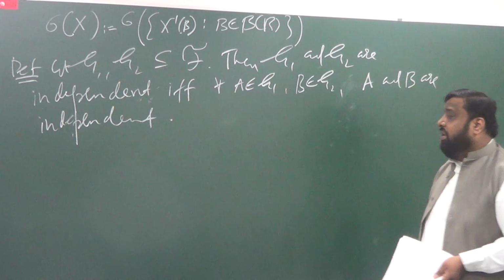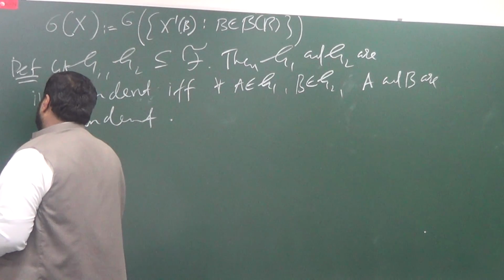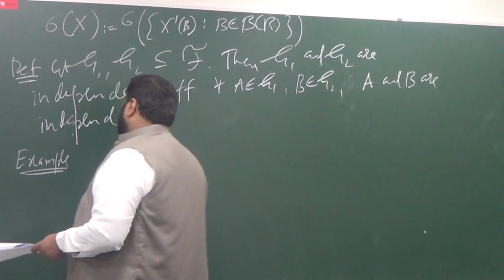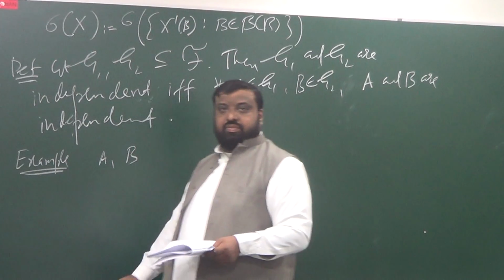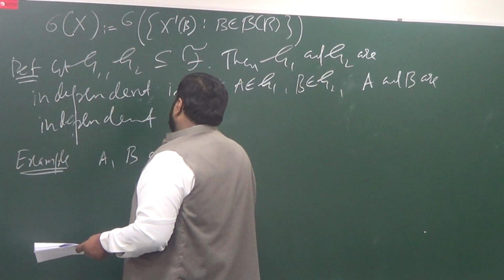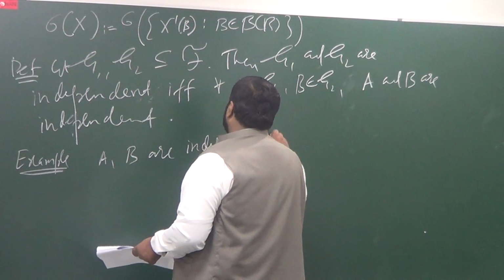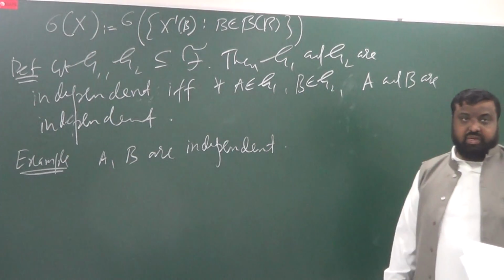One trivial example: let's take two independent events, subsets of omega.